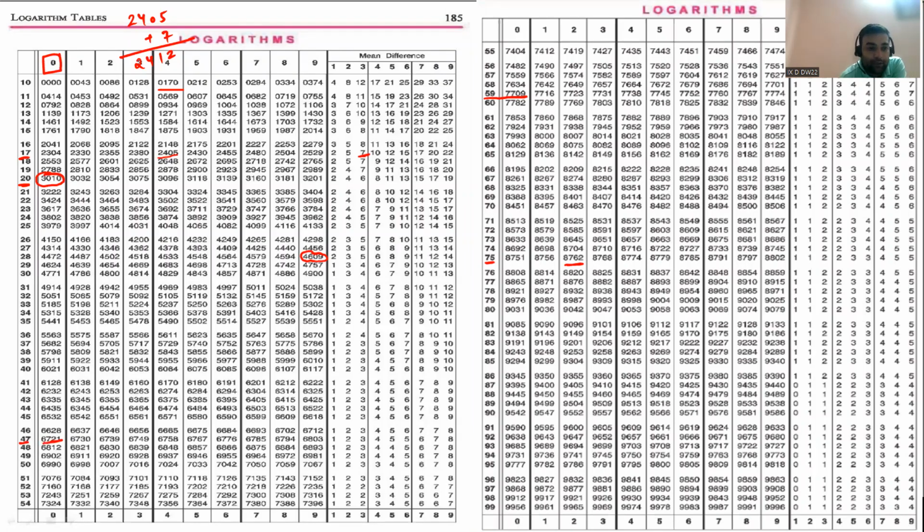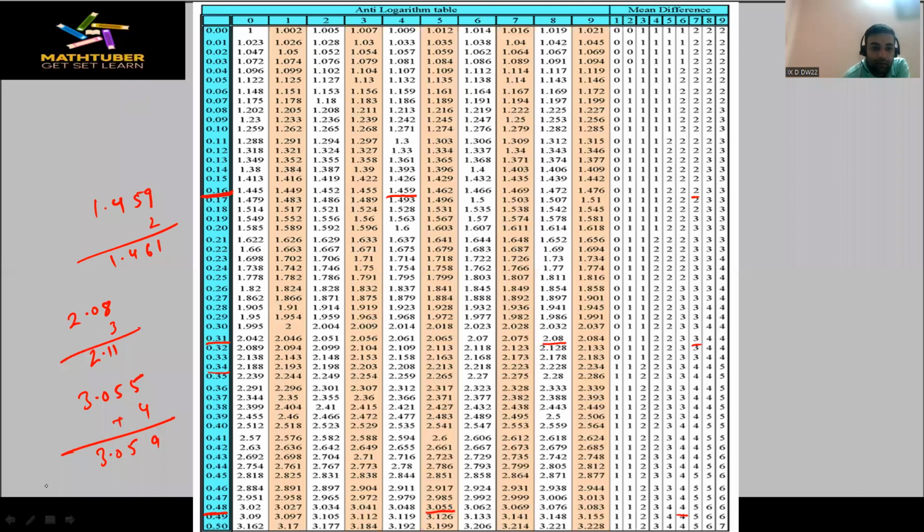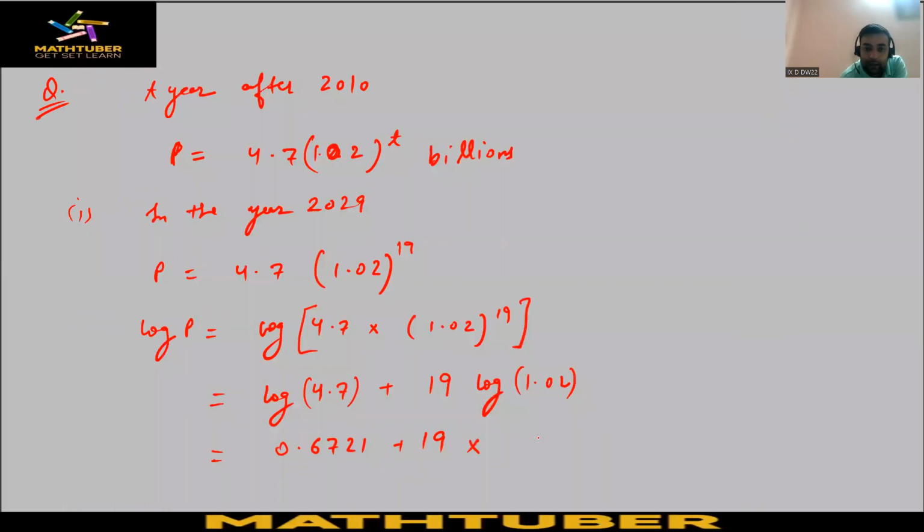So here you can see 10th row is the first row, and at the second column it is 0086. So it will be 0.0086.